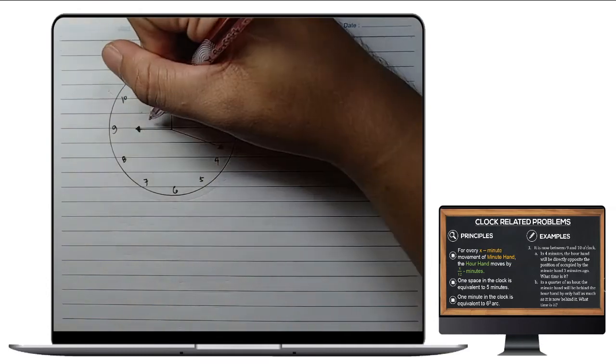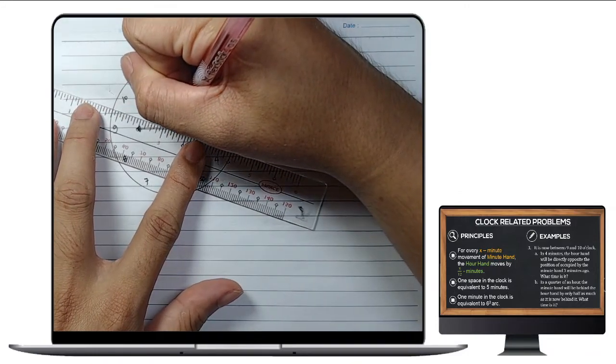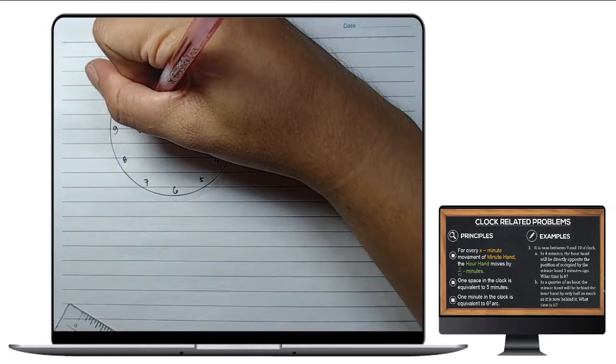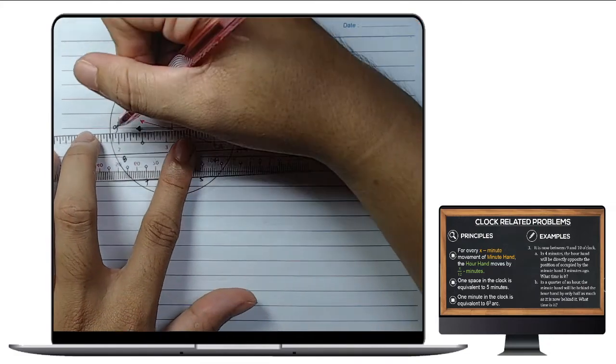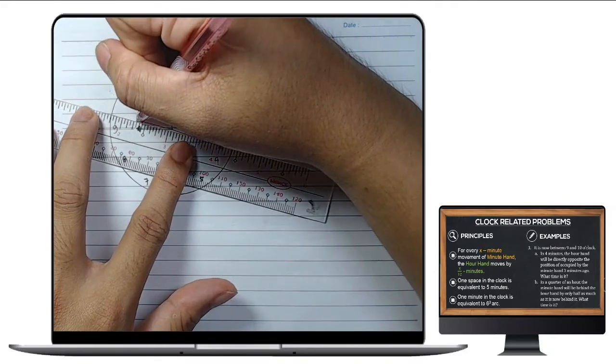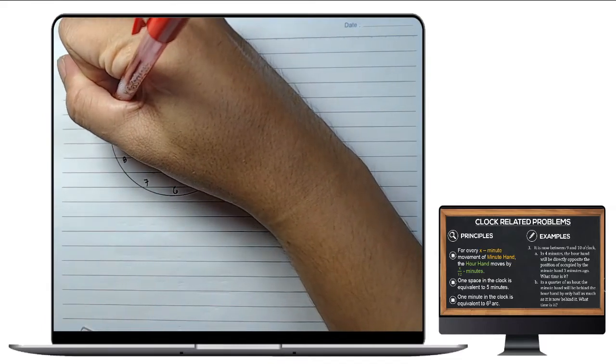So surely the hour hand will move, let's say, here. This is our hour hand. So if the minute hand moved by X minutes, the hour hand will move by X over 12 minutes.